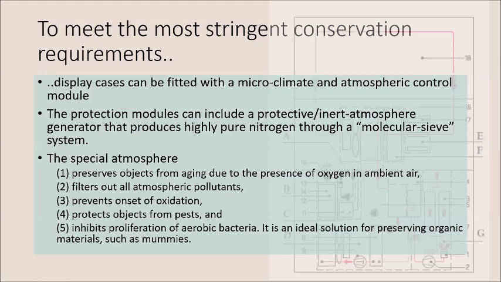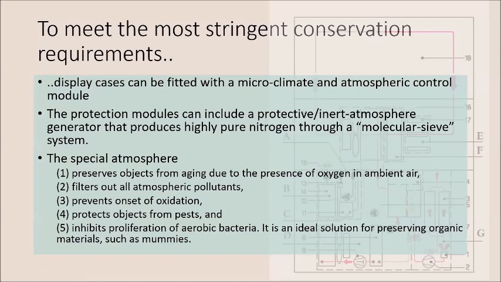So we have talked about the humidity and temperature, how they can be actively controlled, but that is not all. Maybe certain objects are very important, and they need very stringent requirements.